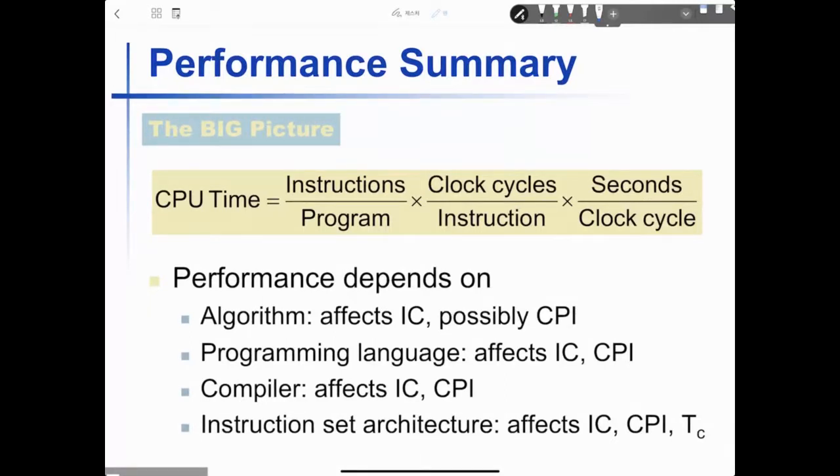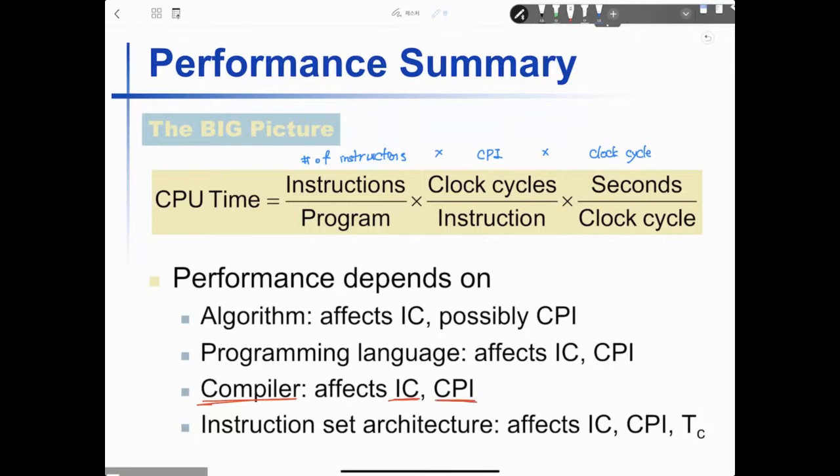The number of instructions depends on what kind of compiler we are using, so the compiler affects the number of instructions. In some cases it also changes the clocks per instruction, CPI.